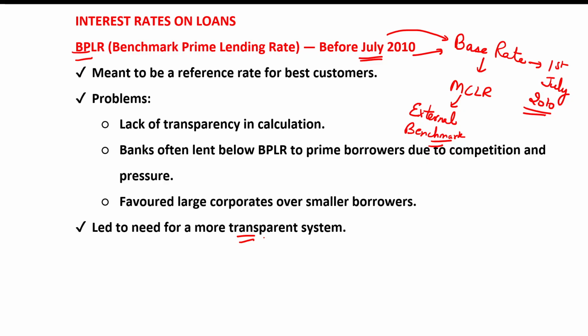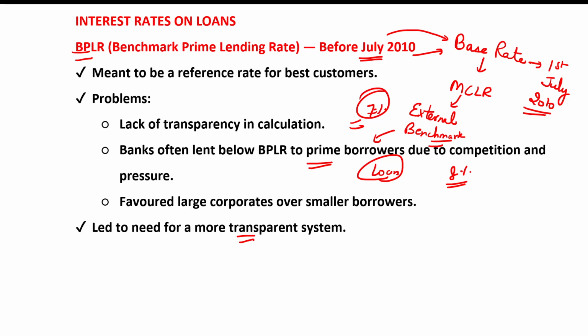So banks were providing the prime borrowers loans at a rate lower than the market rate. For suppose if they are offering loans at 8%, to these prime borrowers they are offering loans at 7%, and this was not acceptable to the RBI.